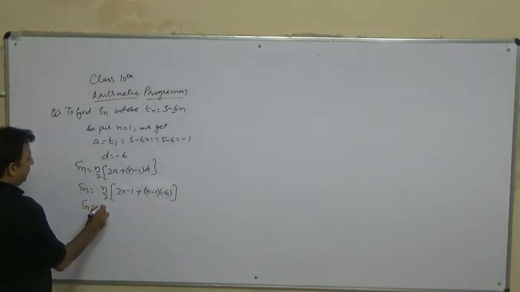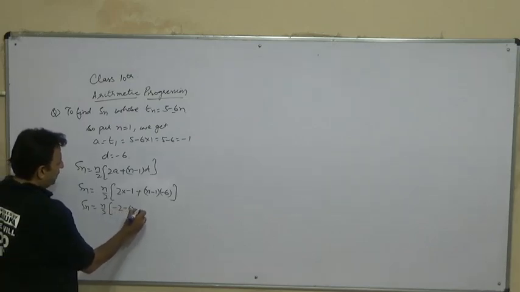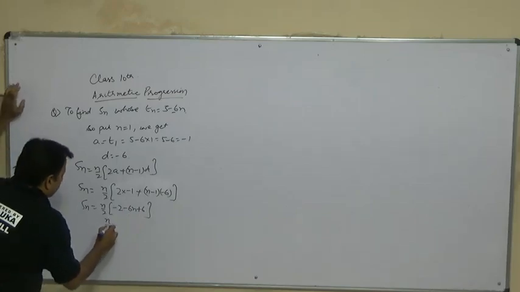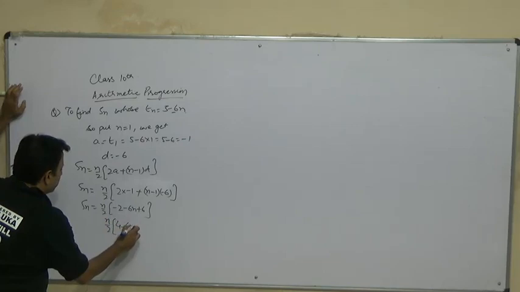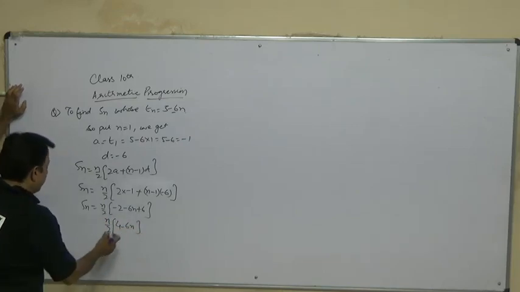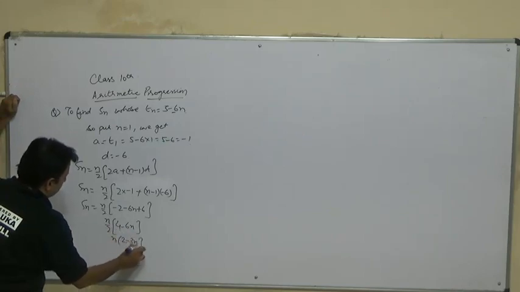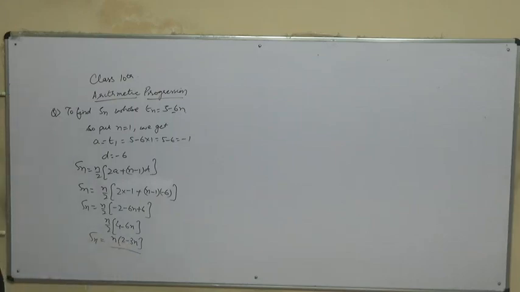Sn is equal to n by 2, this will be minus 2 minus 6n plus 6. So this will be n by 2, 4 minus 6n. So divide this by 2 here. This will be n into 2 minus 3n. So this will be your Sn.